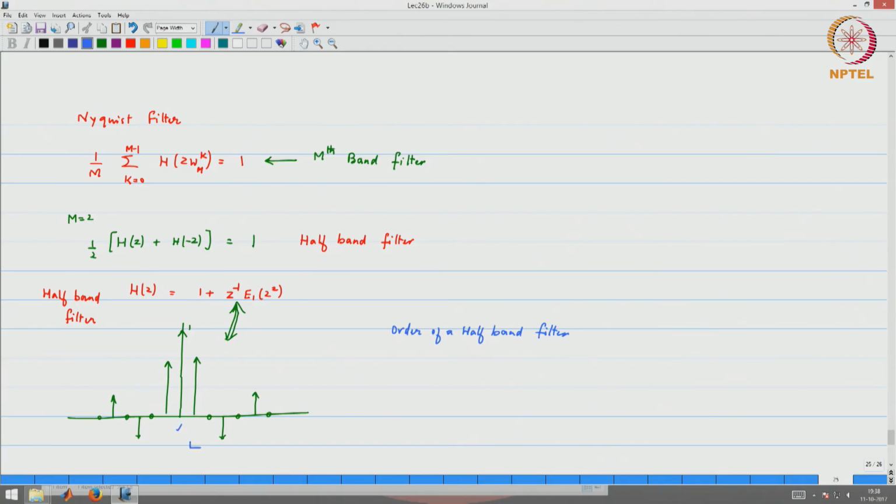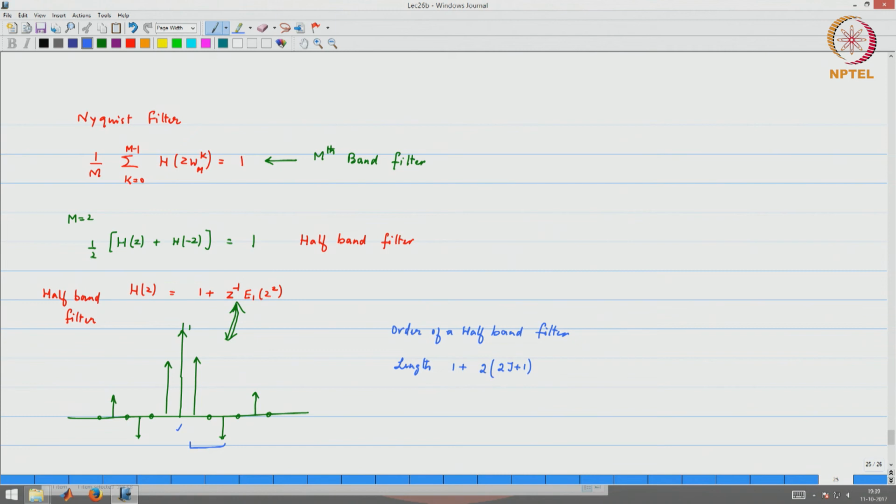If I want to look at the non-zero values, supposing I want to take up to the second non-zero term, it is some odd number, because I can always leave out the last one. So the length of a half band filter is going to be 1 plus some odd number of terms. So I will call it 2j plus 1, and there will be a symmetric one on the other side. So the total length will be 1 plus 2 times 2j plus 1.